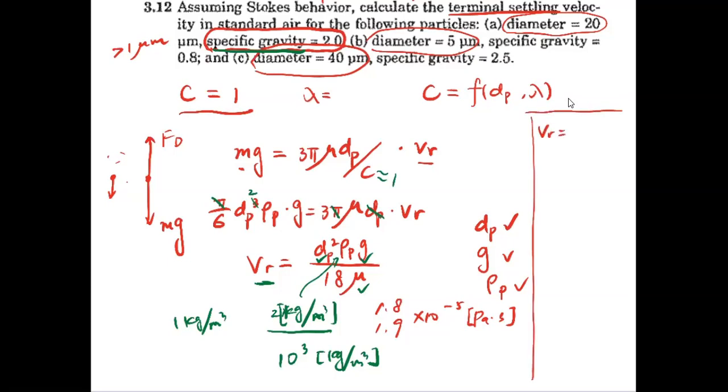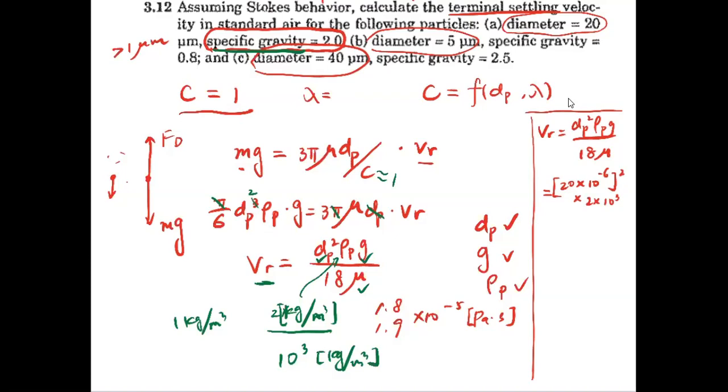VR equal to dp squared rho p g divided by 18 mu. So we can just plug in everything in the standard units. So 20 micron will be 20 multiplied by 10 to the negative 6, right? Squared. Multiplied by 2, multiplied by 10 to the third.